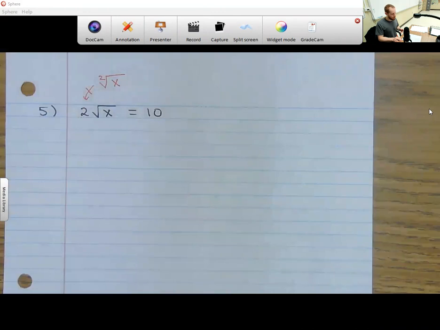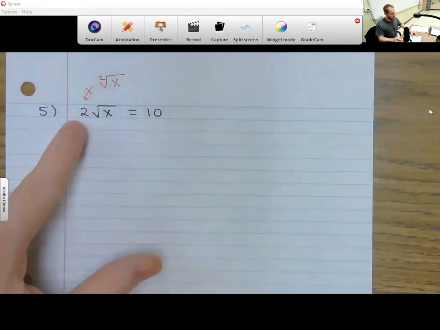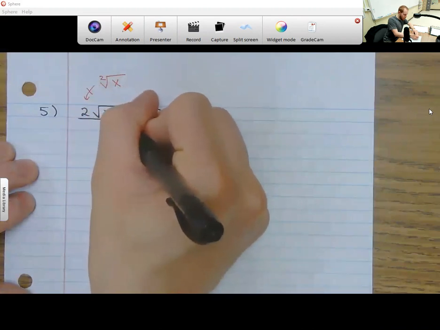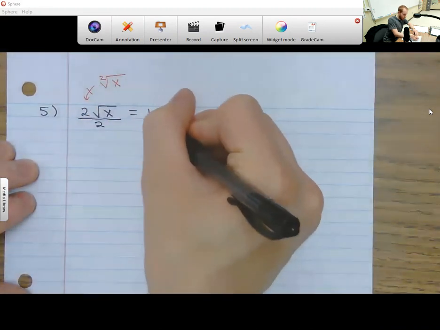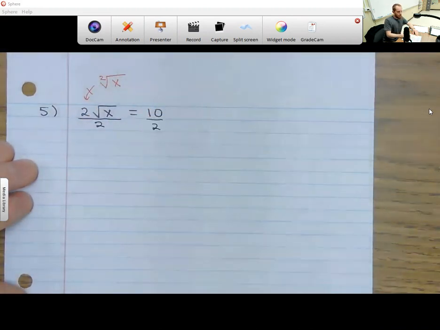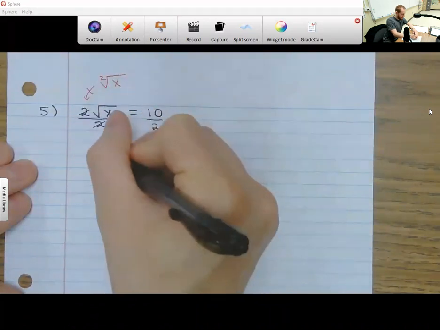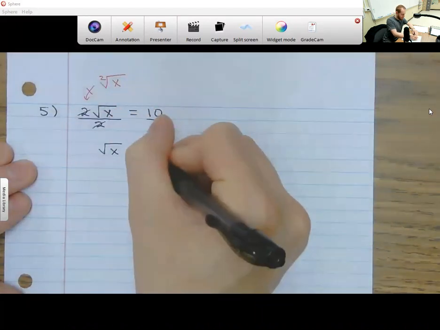So what I actually want to do first is get rid of the 2 out in front. How are we going to do that? We're going to divide both sides by 2. So I'm going to divide both sides by 2 and see what happens. And what happens is the 2's are going to cancel out. And I'm just going to have square root of x is equal to 5.